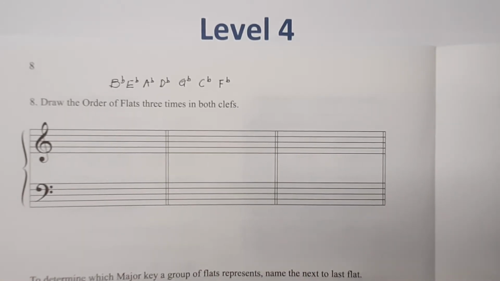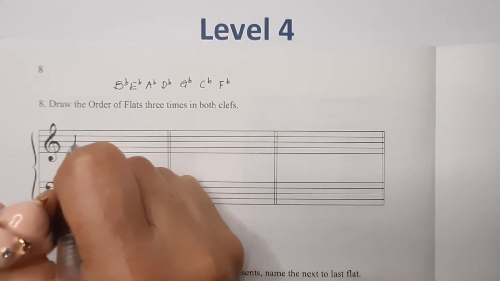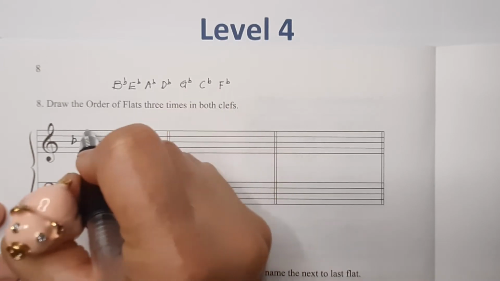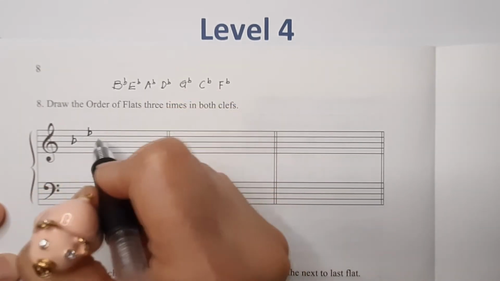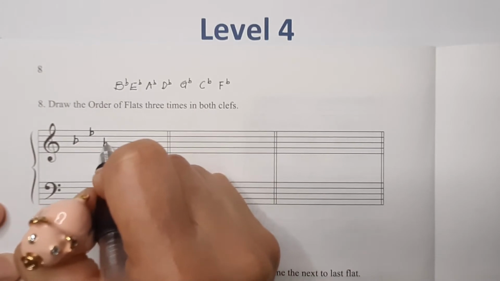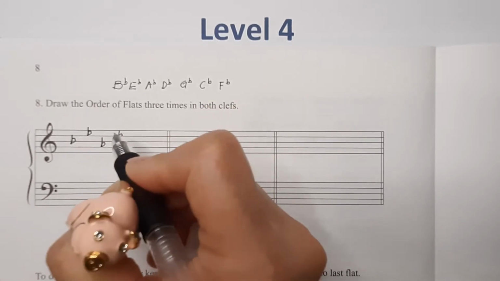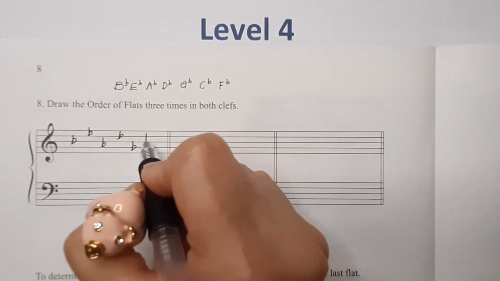Okay? Now, when you draw the flats, you start with B first, in the middle, right? And E is on the top. E goes up. Now, A goes down again. And D, up. G, down. C, up.